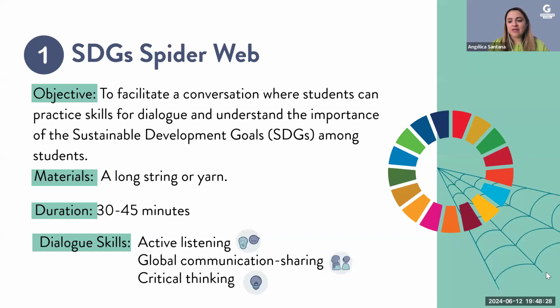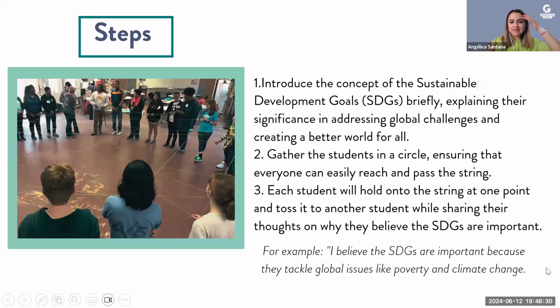All right, so let's see the first step. Well, the first thing that you need to do is, of course, introduce the concept of sustainable development goals and explain the significance of what the SDGs are, why are they important, perhaps even asking or explaining to your students why were they created.